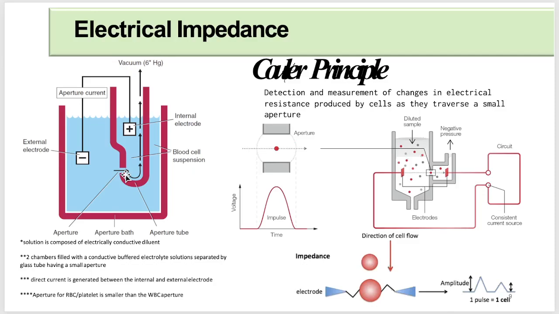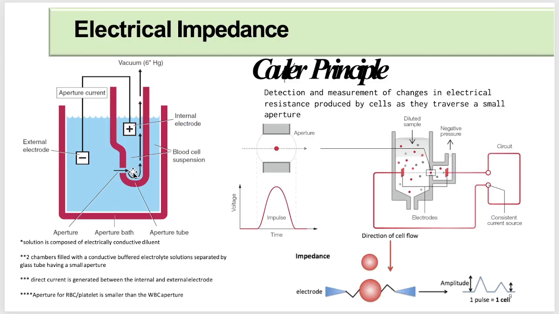You have to take note that the aperture for RBC or platelet is smaller than the WBC aperture. So the sizes differ depending on which cells we detect. Of course, the WBC is big, therefore the WBC aperture is big. Since the RBC and platelet are small, the aperture for them is smaller. Again, they generate measurable voltage pulses.